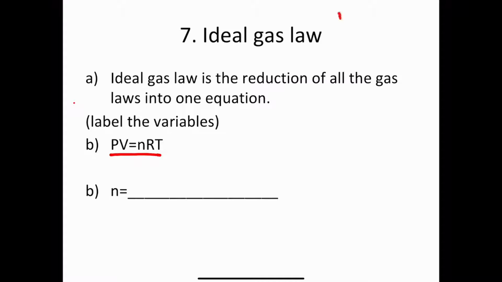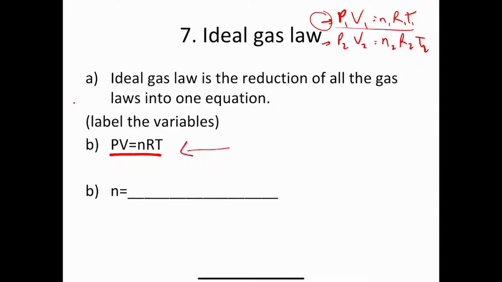It's not the one we were talking about before, even though it looks very similar, because with this one variables are changing. When we use the 1 and the 2's, we're saying they started here and then changed to something else. For this section, it's not changing, it's just staying. I'm going to give you 4 out of the 5 variables, and you just have to plug them in. It can get trickier because sometimes you need to do some conversions, but overall it won't be that bad, okay?